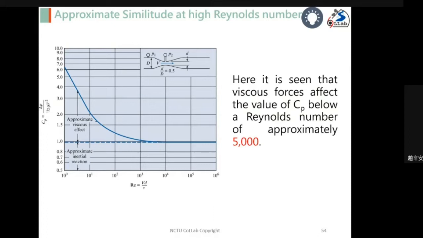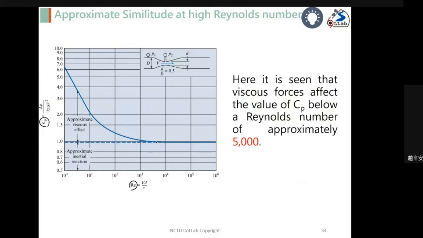You see the y-axis is the force coefficient, the pressure coefficient, and the x-axis is the Reynolds number. The pressure coefficient decreases when the Reynolds number increases.